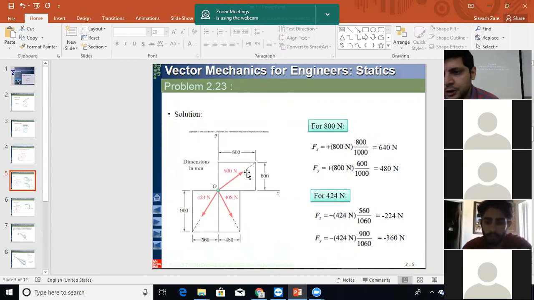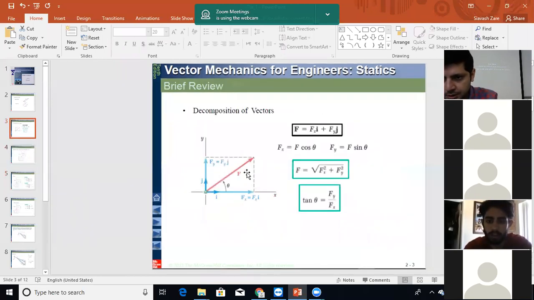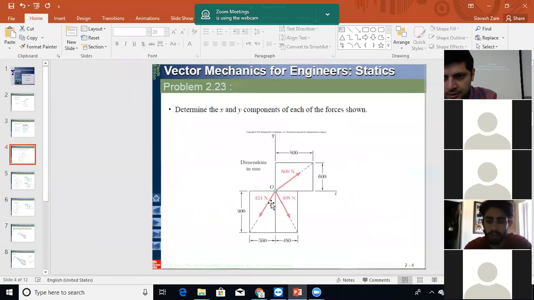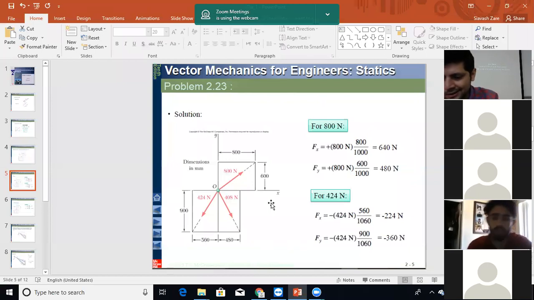And well, you can check if this is the correct answer by using this middle formula for the magnitude of f, this square root. So if you take fx squared plus fy squared and take the square root, you must get 800. So this is also a way to check your answers.